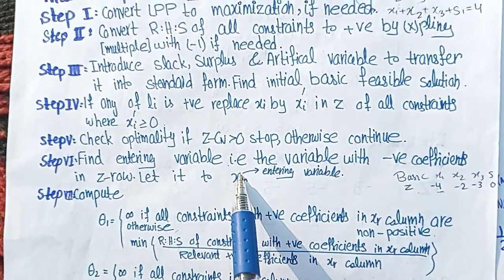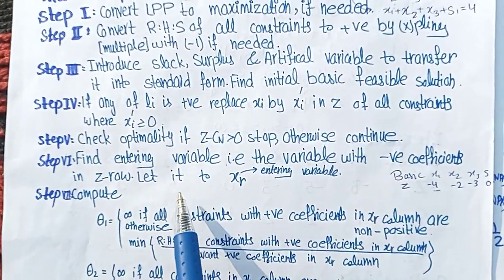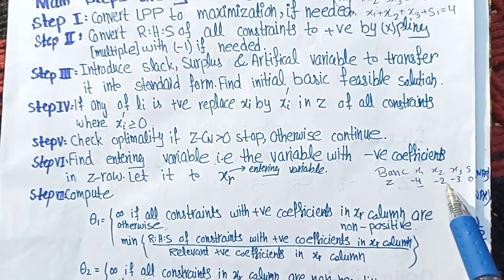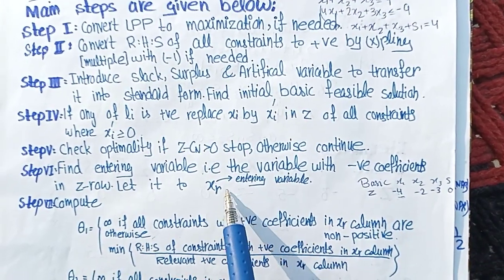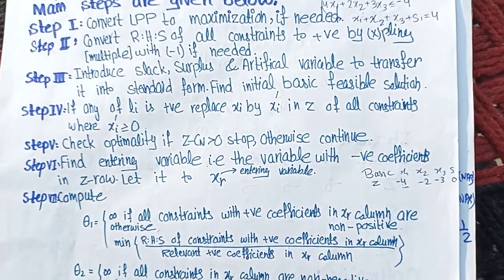Find the entering variable, the variable with the most negative coefficient in row 0. In row 0 you have to check that the most negative coefficient is the entering variable.